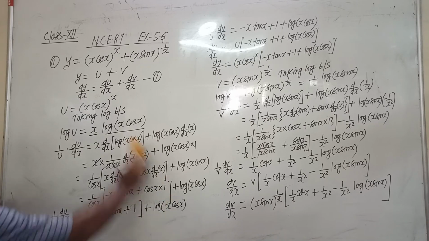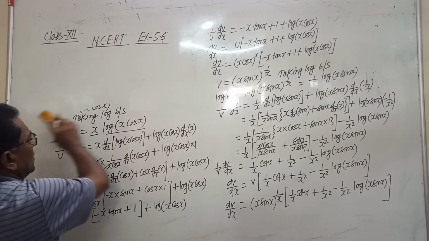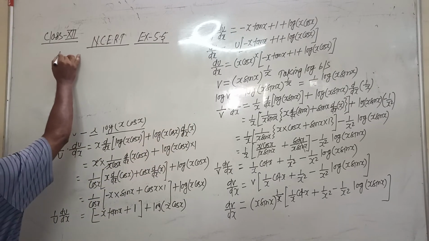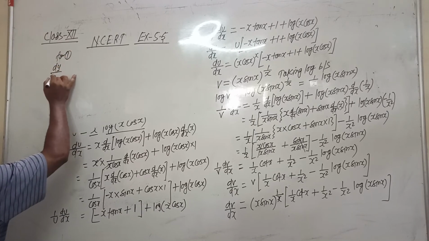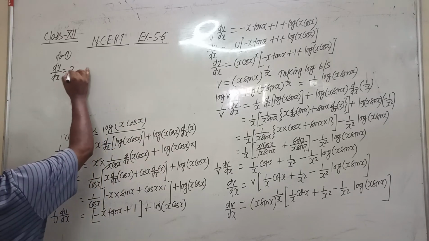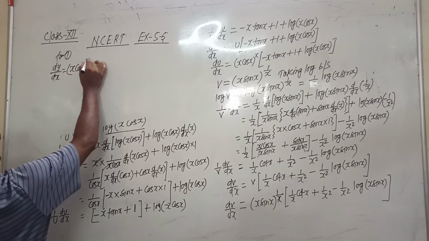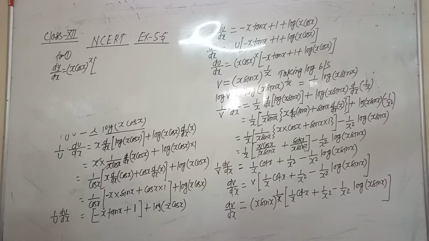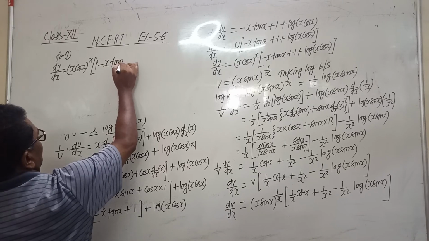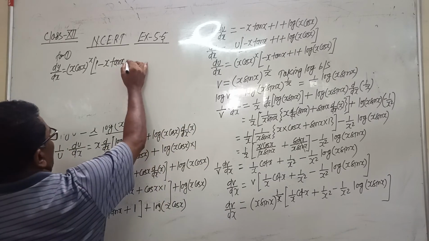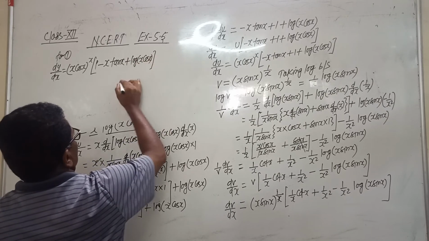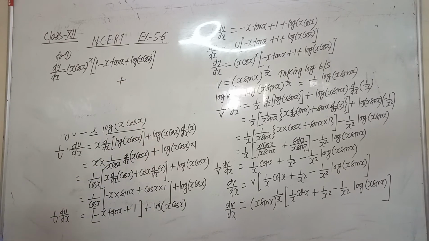So from first, dy by dx equals the value of du by dx, which is x cos x raised to the power x, and 1 minus x tan x, and plus log of x cos x, plus the value of dv by dx.